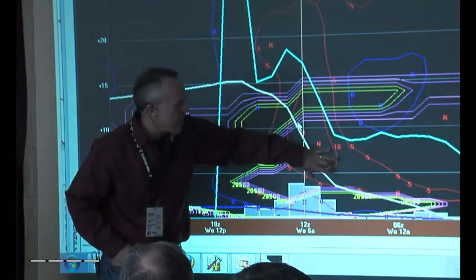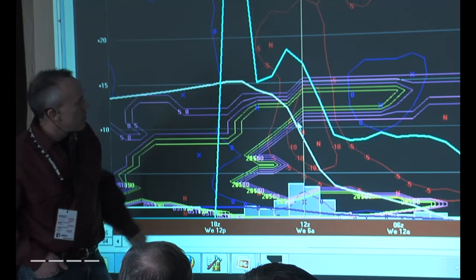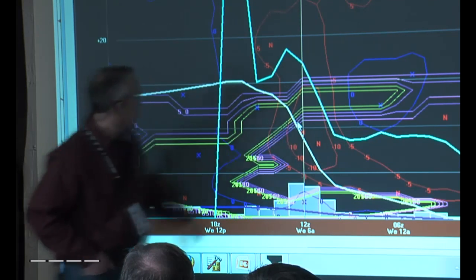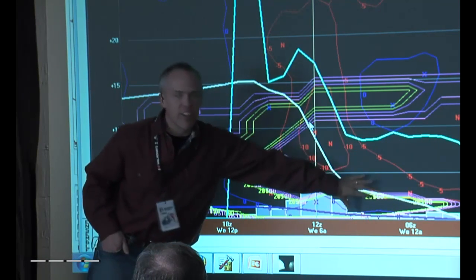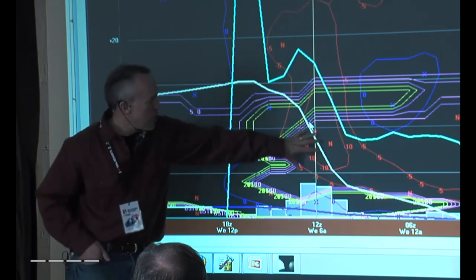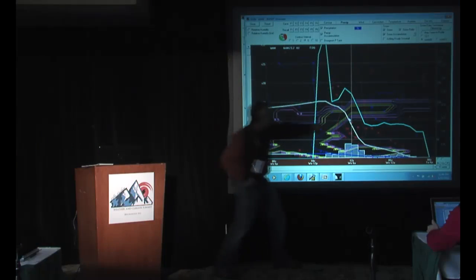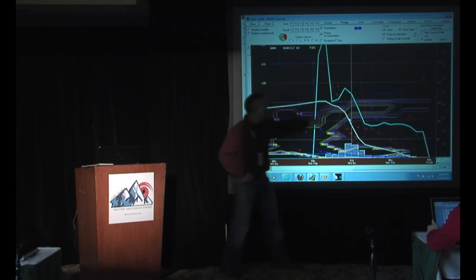You can see it gets fat down here, narrow a little bit up here. And so what happens is initially you can see the ratio starts fairly small, even less than 10 to 1, as most of the omega is down here at this time. And then as the omega lifts up into the dendrite production zone, you see the snow ratio start to rise too. And it really jumps.